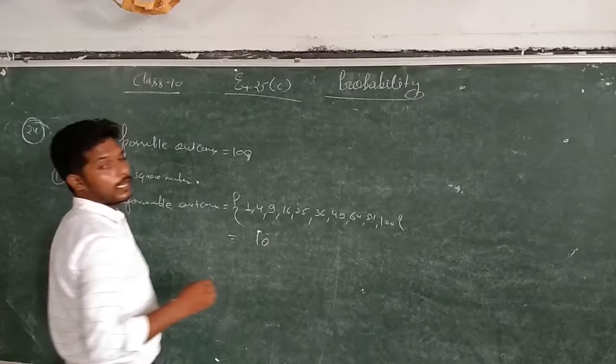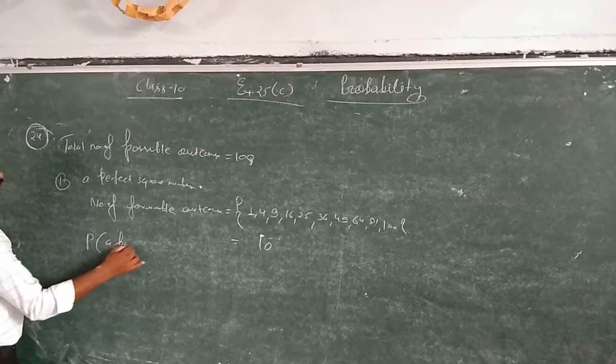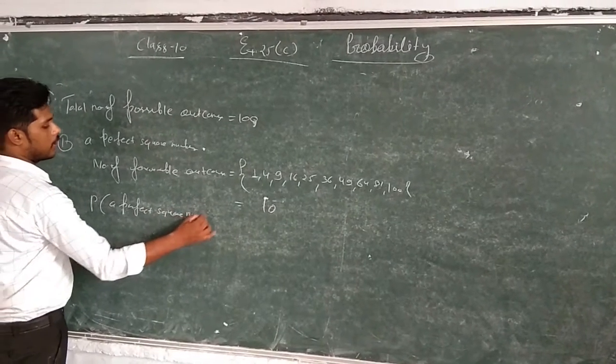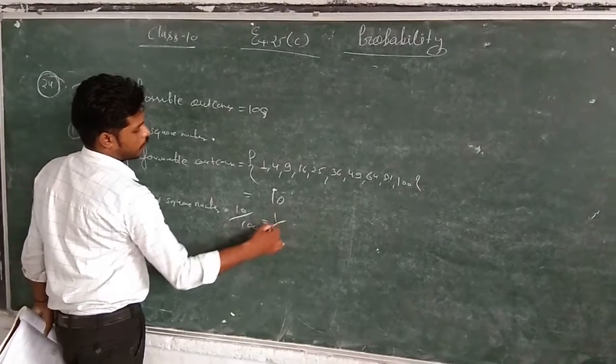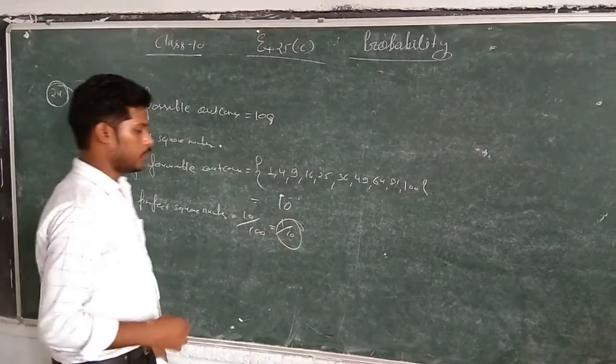So there are 10 favorable outcomes. So P of perfect square number is equal to 10 upon 100 is equal to 1 upon 10. It means out of 10 marble stones there is one perfect square.